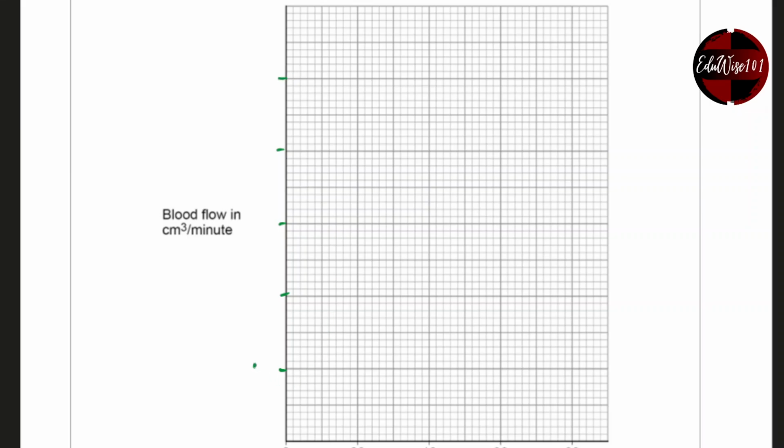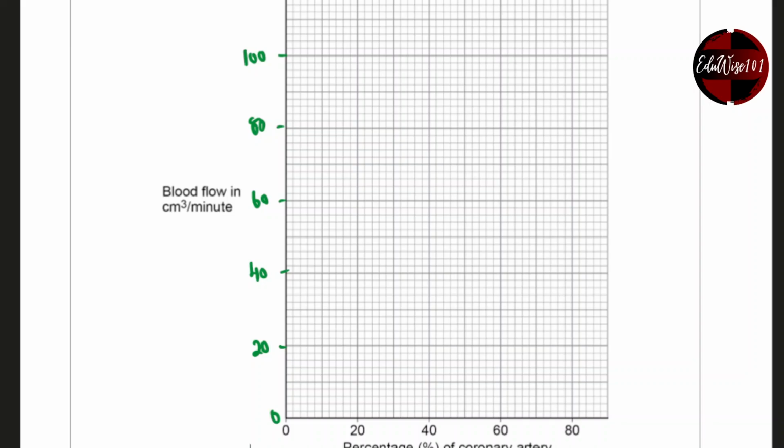So if I say 20, 40, 60, 80, 100, now that is 0 at the bottom. I'm not marking every 10 because I don't need to have too many numbers. As long as you go up in increments and it's clear, that should be fine. So let's plot these points.